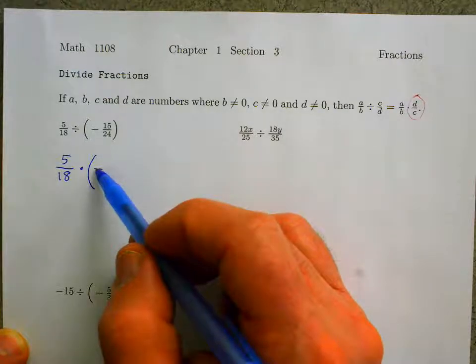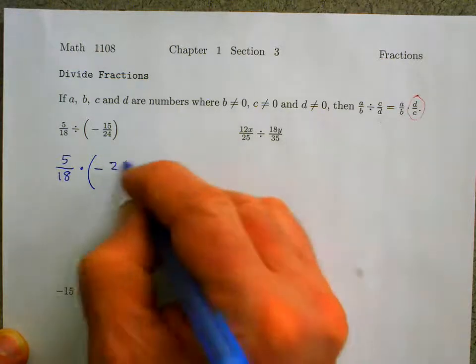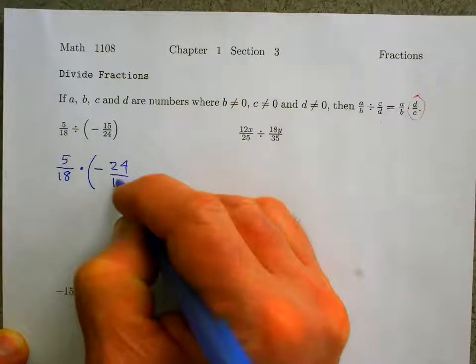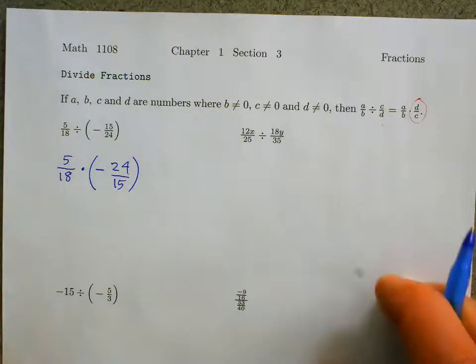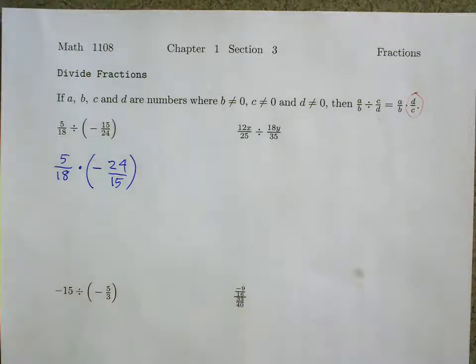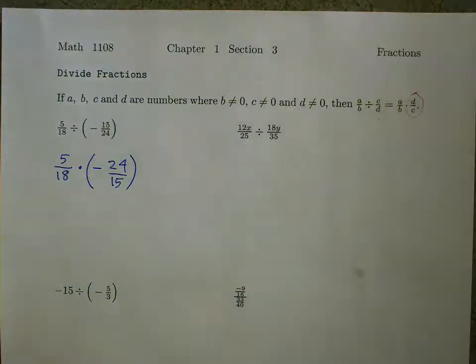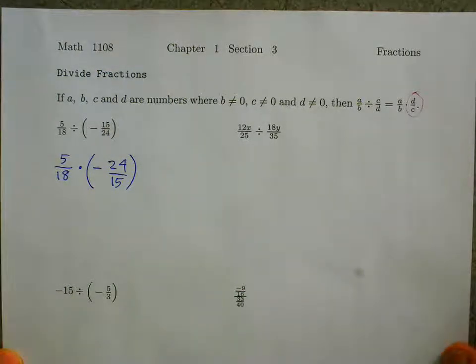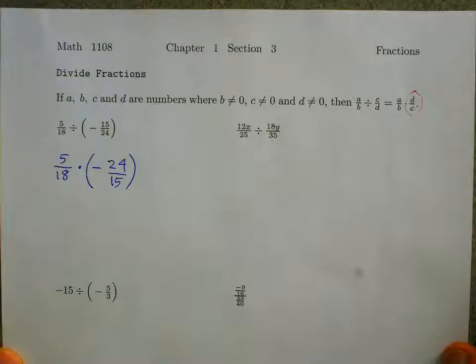So we get negative 24 over 15. And now we can just multiply. Now we do what we did on the previous page. So we're getting practice multiplying in these division problems.